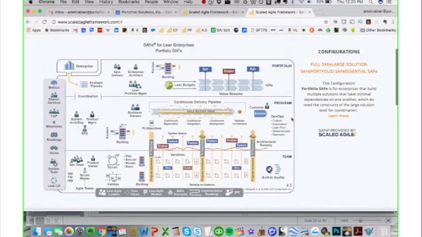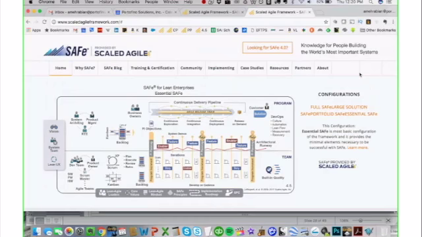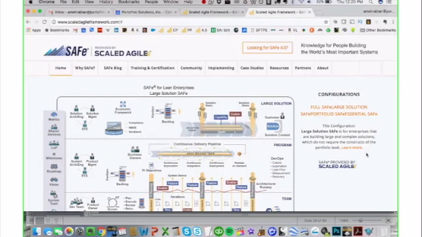But the approach that they've taken now is, if you look at Essential SAFe, which is the diagram that I showed earlier, this is sort of the essential, the bare bones, the basics of SAFe. And what they've done is they said, okay, there is Essential SAFe, and then there is its big brother, Large Solution SAFe, right?